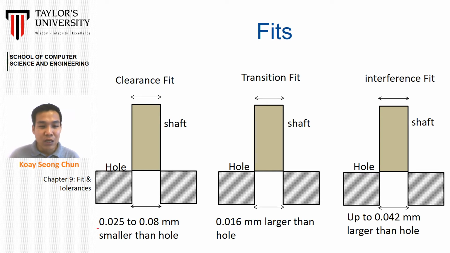Let's say your shaft must be 0.025 to 0.08 smaller than the hole. So you will have a clearance fit. Then for transition fit, your shaft must be 0.01 mm larger than the hole, I mean the size of the shaft. Then for this one, the size of the shaft is even larger than the hole.